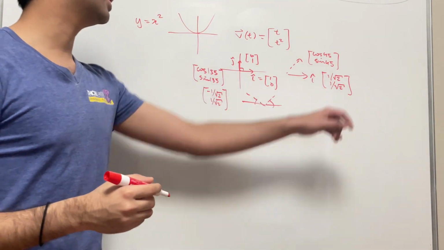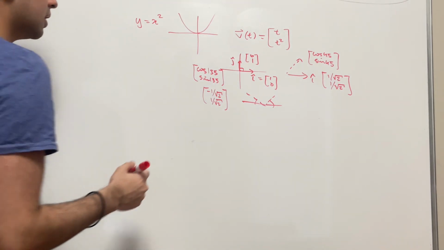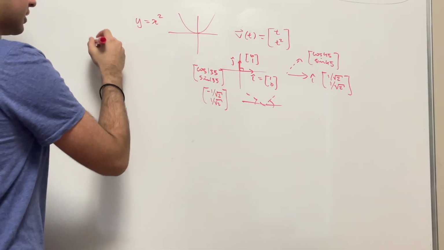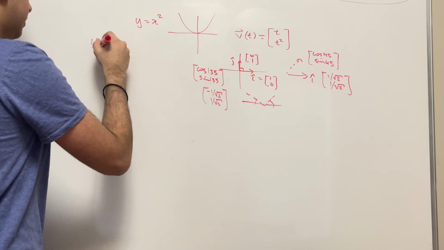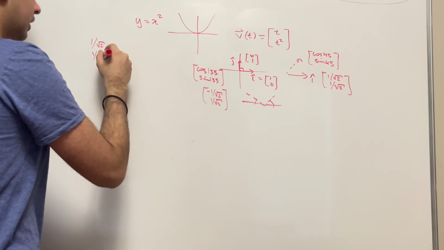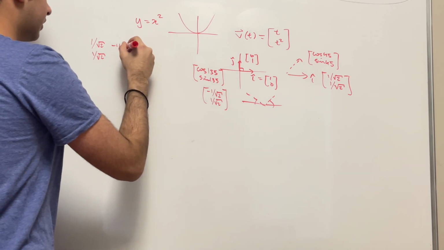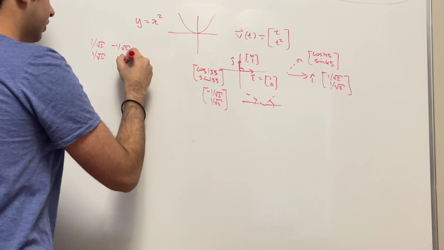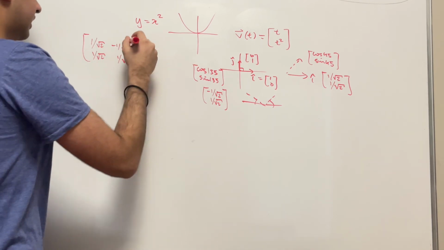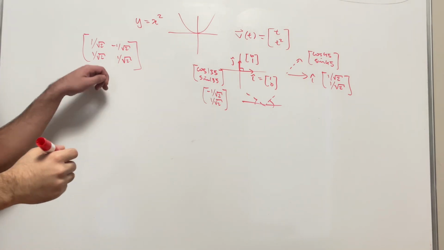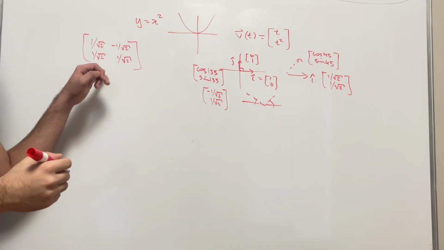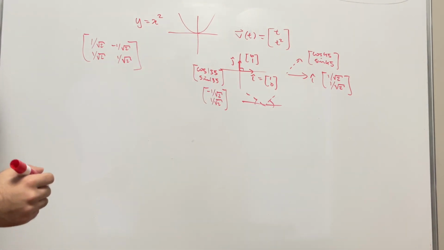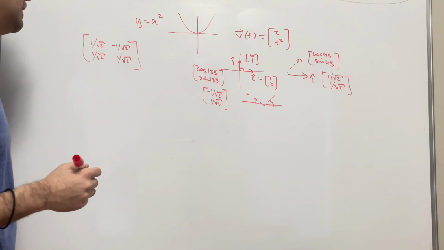We can encapsulate this transformation in a matrix. So 1 over root 2, 1 over root 2, and negative 1 over root 2, and 1 over root 2. So this is our transformation matrix. This column shows where our basis vector i hat goes. This column shows where basis vector j hat goes.